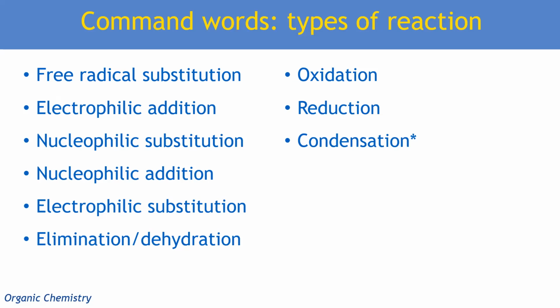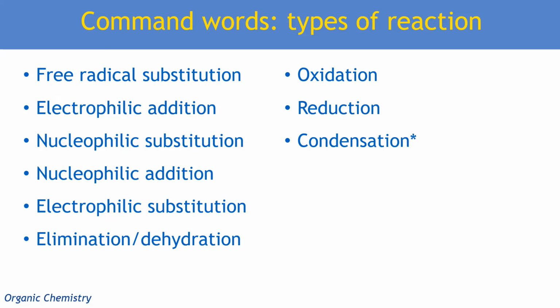And you will notice that almost all of them, or at least the first 5, have 2 parts. They have the type of reaction, which is either addition or substitution, and then the mechanism by which it takes place, which is either free radical, electrophilic, or nucleophilic. So if you've seen questions that say, give the name and type of reaction, or the type and mechanism, that is what they mean. They don't care which way around you do it. They're just looking for 2 parts, electrophilic addition or nucleophilic substitution, for example.